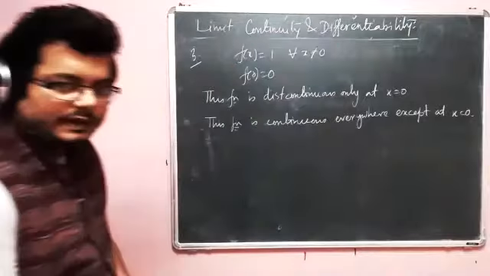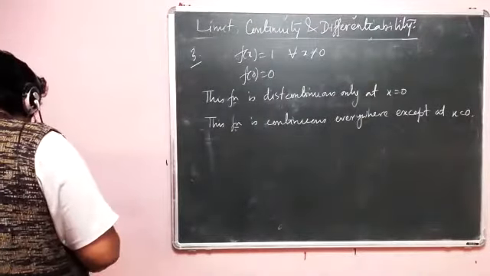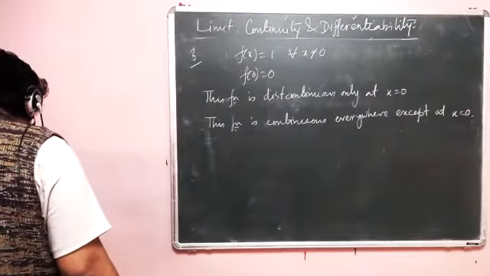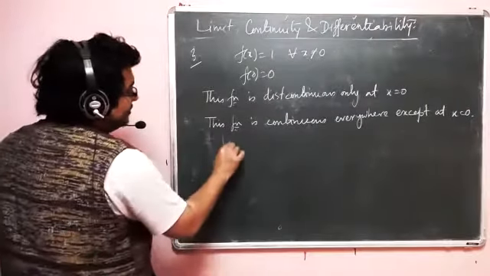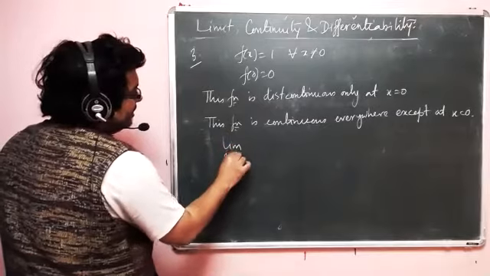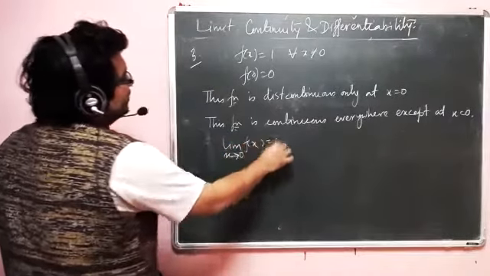So that means, keeping the function what it is, and we know that the limit exists, and we know that the limit around x equal to 0, limit x tends to 0 of f(x), equals 1.